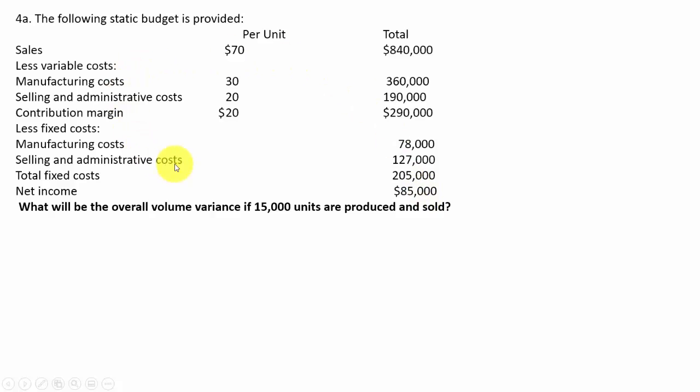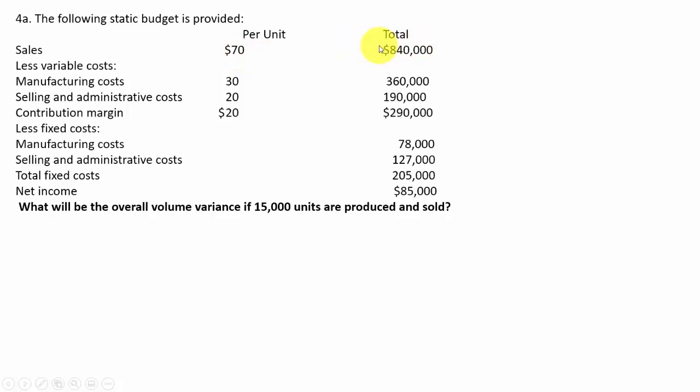Now this was all based on a static budget, and they want to know what will be the volume variance if 15,000 units were produced and sold. Well, volume variance is the difference between the static budget number and our actual level of production, which was 15,000 units. We don't know what number of units we made in this static budget, but we can figure that out by taking the $840,000 and dividing it by the selling price per unit.